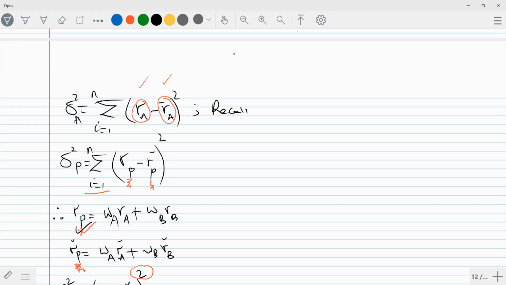So R, simply RA or RP, is the return we are actually going to receive, while R with the bar is the return we are expecting. So R minus R bar simply means a deviation: the return you receive versus what you were expecting to receive. Is it clear?